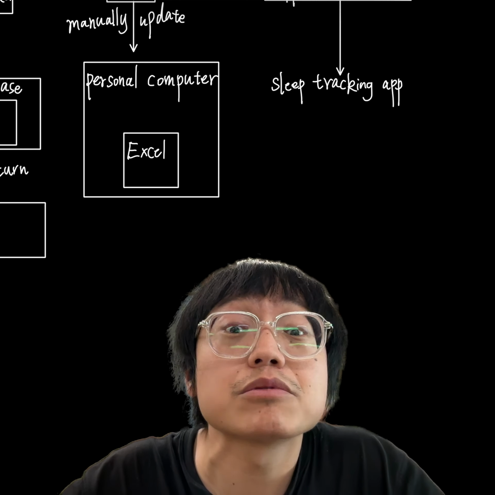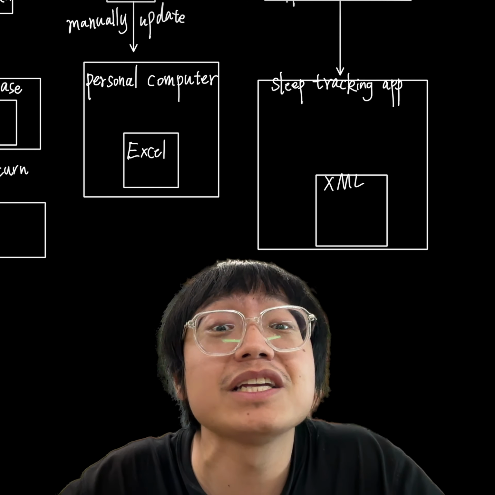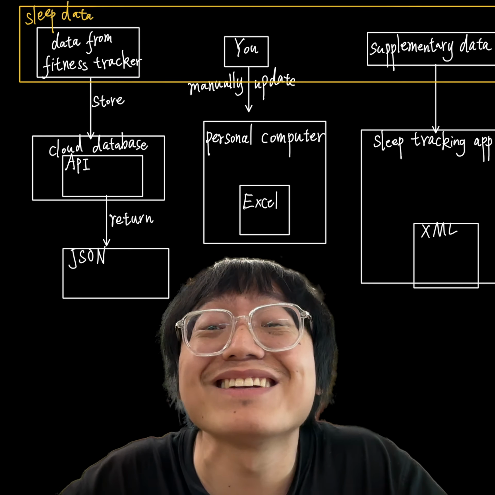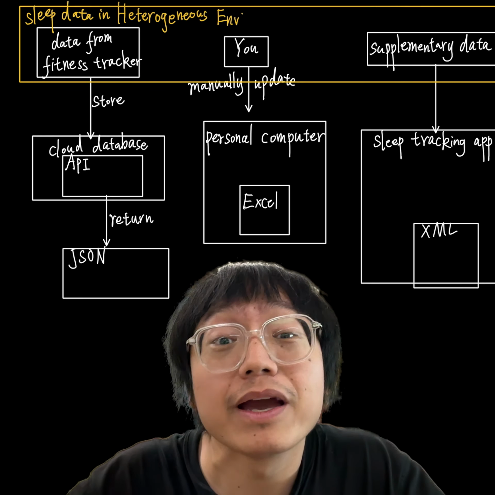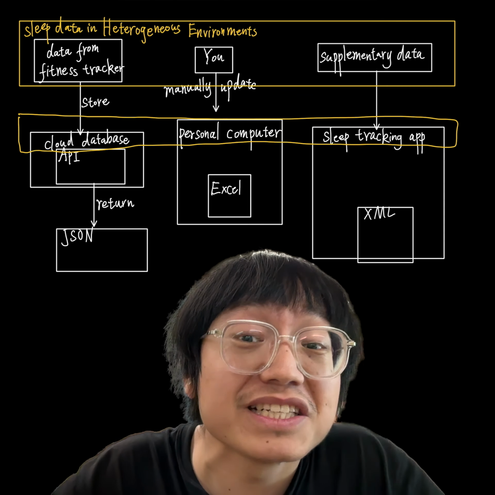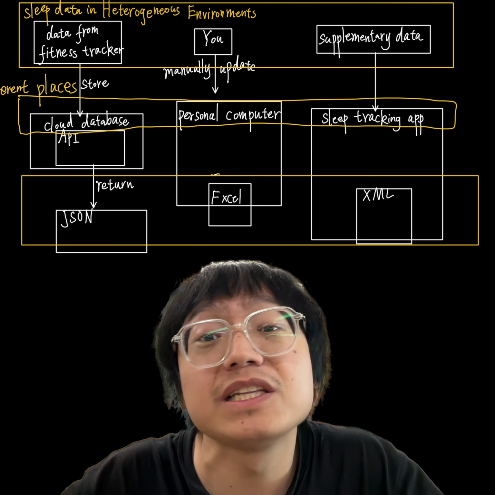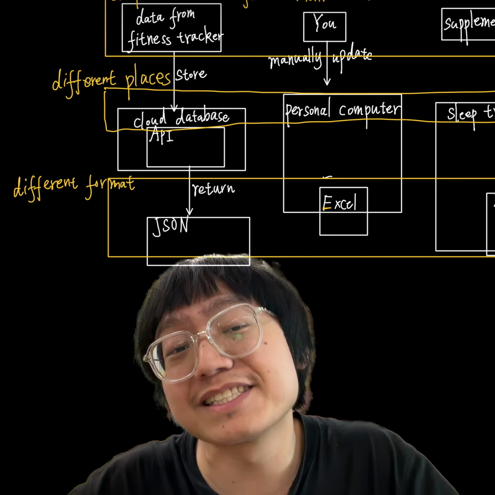And some of the supplementary data might be in a sleep tracking app that uses a different format like XML. So this is a heterogeneous environment, right? Your sleep data is stored in different formats and different places.